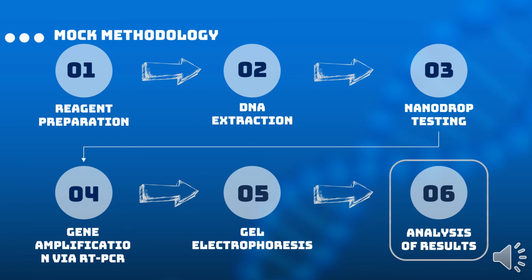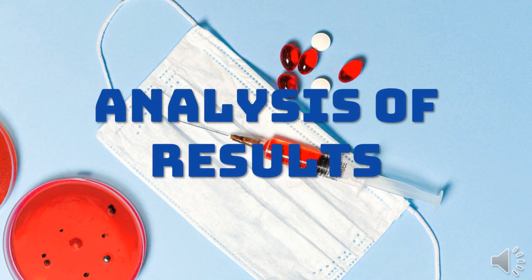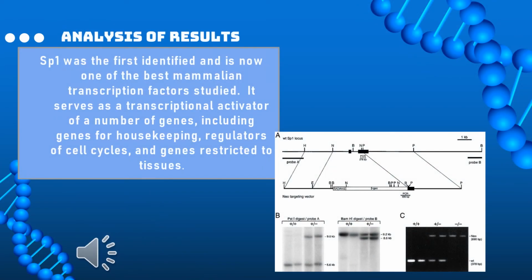Down to our last part of our mock methodology is the analysis of results. For the analysis of results, SP1 was the first identified and is now one of the best studied mammalian transcription factors.